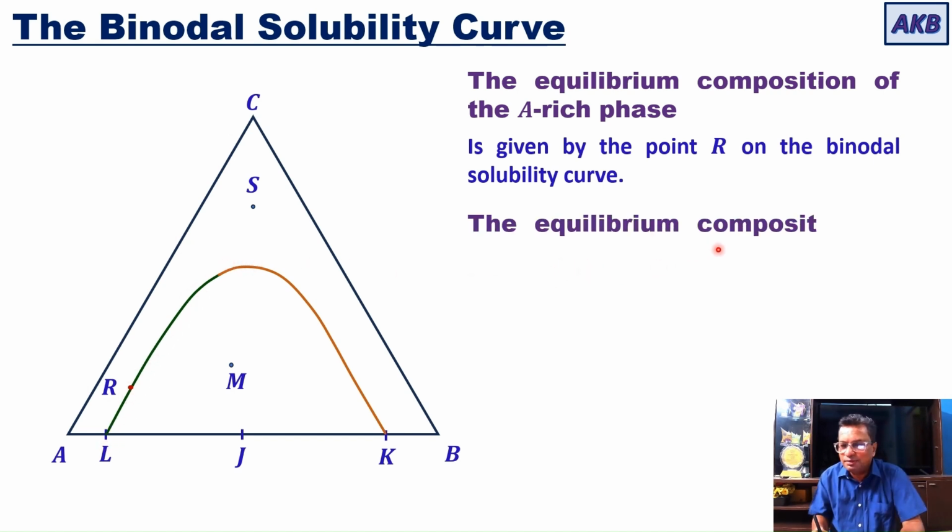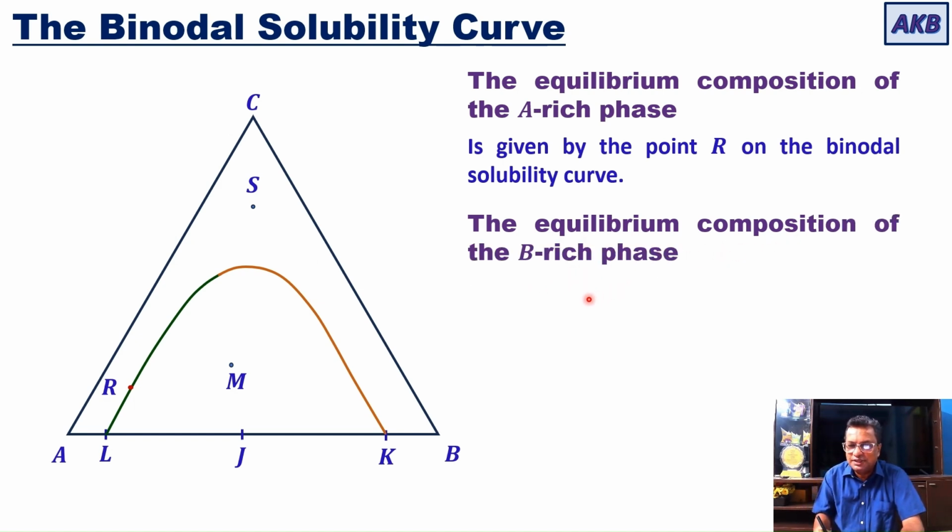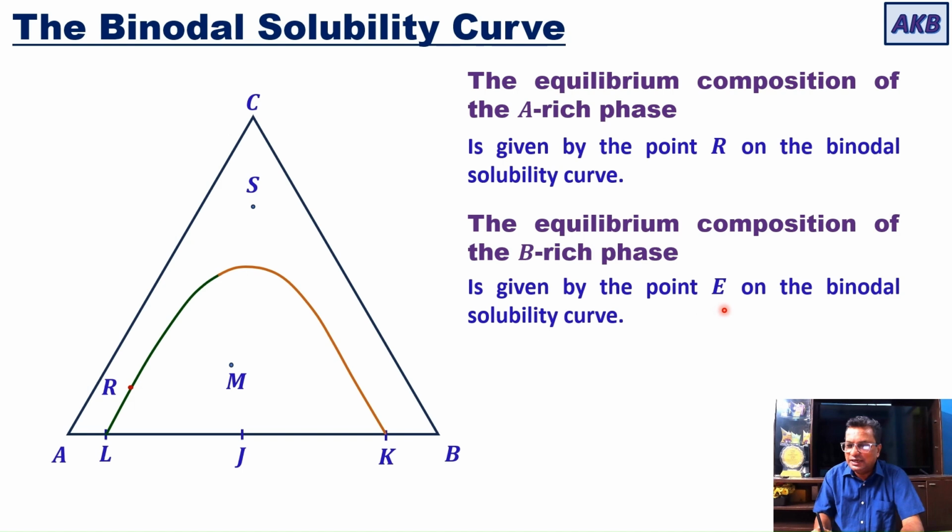Whereas the equilibrium composition of the other phase, the B-rich phase, is given by the point E, and this point E lies on the B-rich solubility curve.